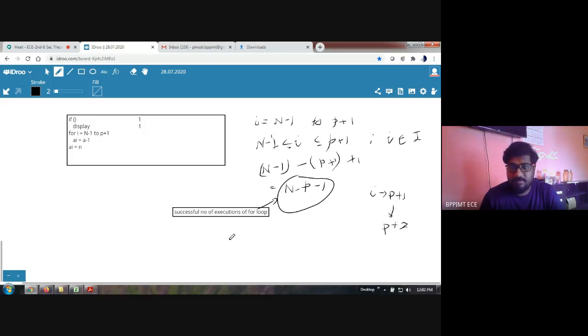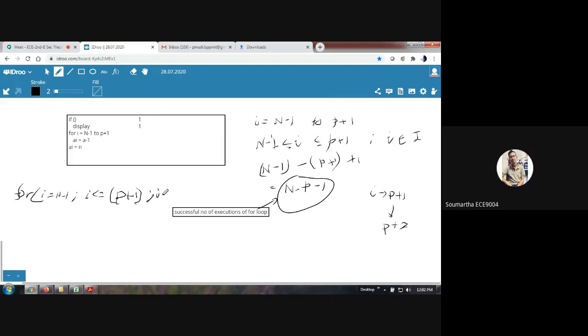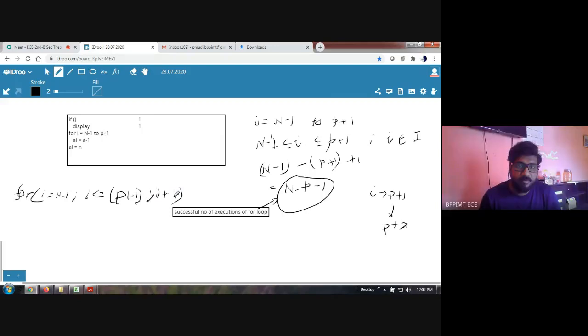And then, what is the first statement in programming? For I equal to n minus 1; I less than or equal to p plus 1; and then I plus plus. Sir, it will be greater than or equal to p plus 1, no?